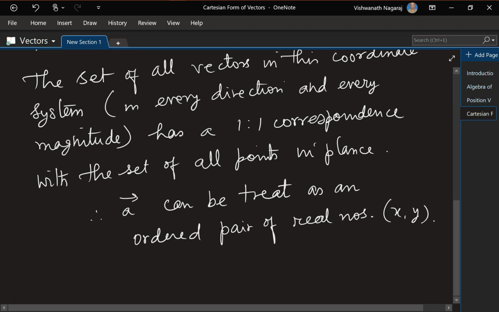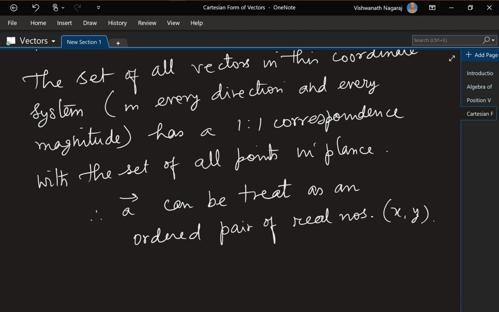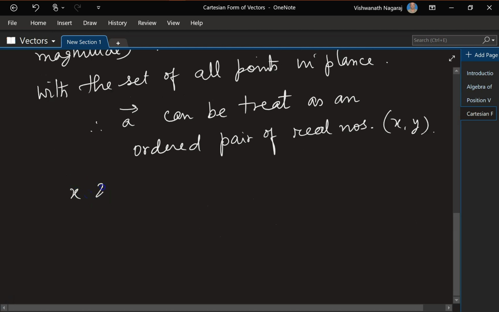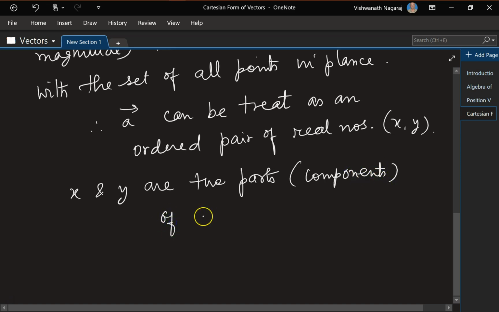What this means is, in that coordinate system, every point x comma y can be used to represent a vector. So here x and y, we say, are two parts or components, more appropriately, components of vector A. If I'm going to draw the arrow, I don't need to write vector.